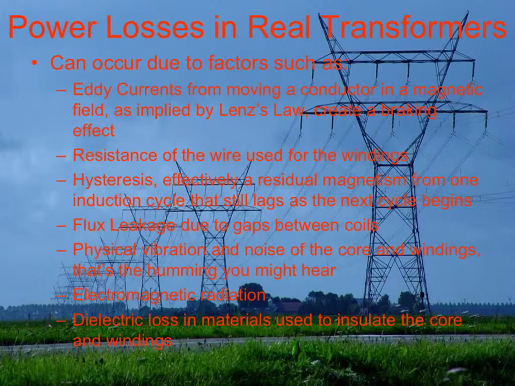Again, there's the resistance of the wires and the windings. There's this effect that's called hysteresis, and really it's kind of like a residual magnetism that's left over as it goes around each turn, as the coil of wire spins. As it comes back around the next full cycle, there's still a little bit of this magnetic field left over from the previous one that affects it. You get flux leakage if the coils aren't wound tightly enough.